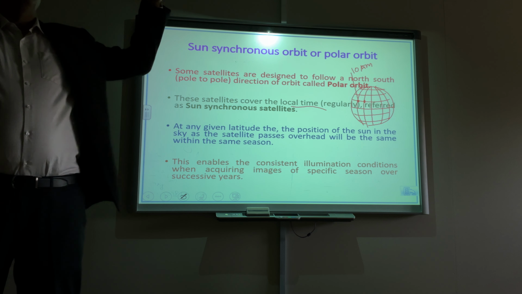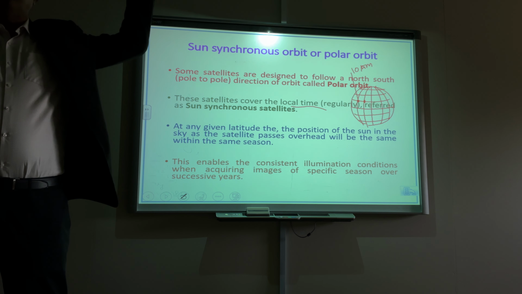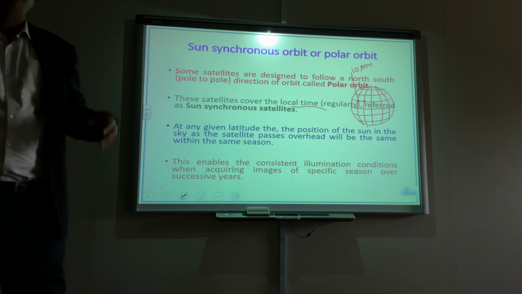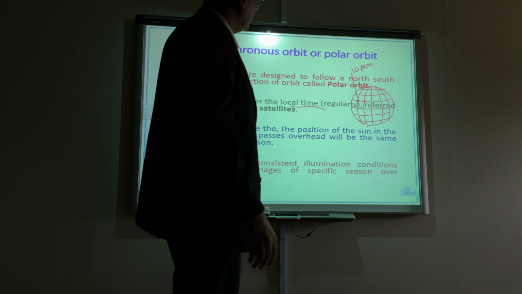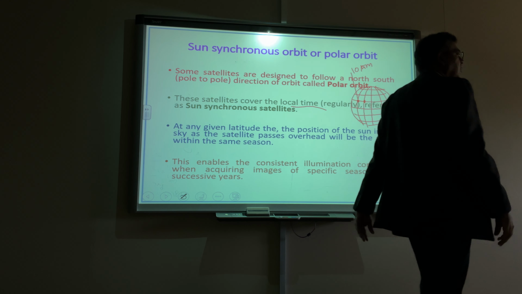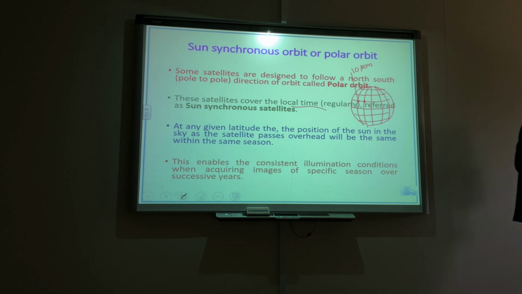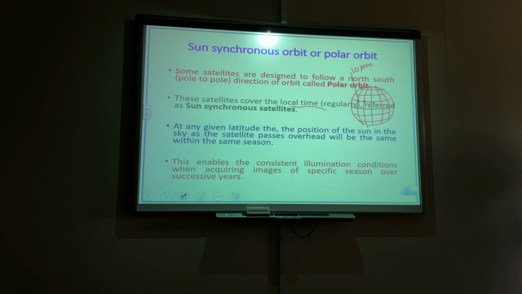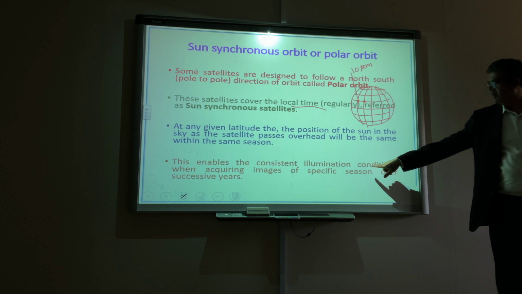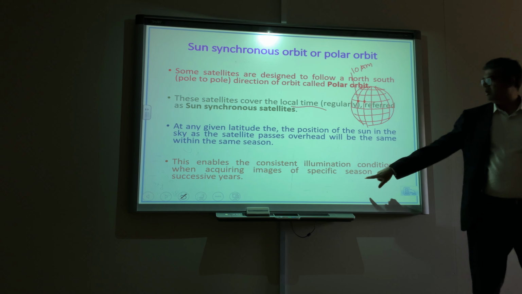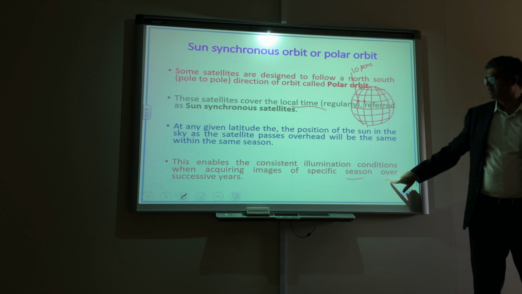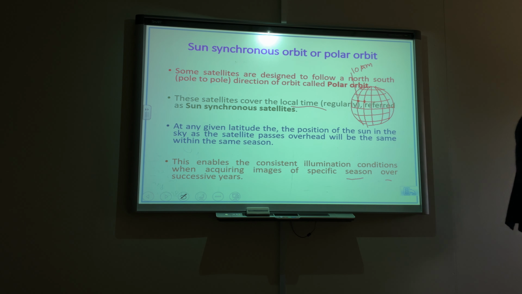Why? Because in both the images the sun is at the same position when the image was acquired. So this is the advantage of using a sun synchronous orbit. Okay? This allows consistent illumination condition when acquiring images of specific season over successive years.